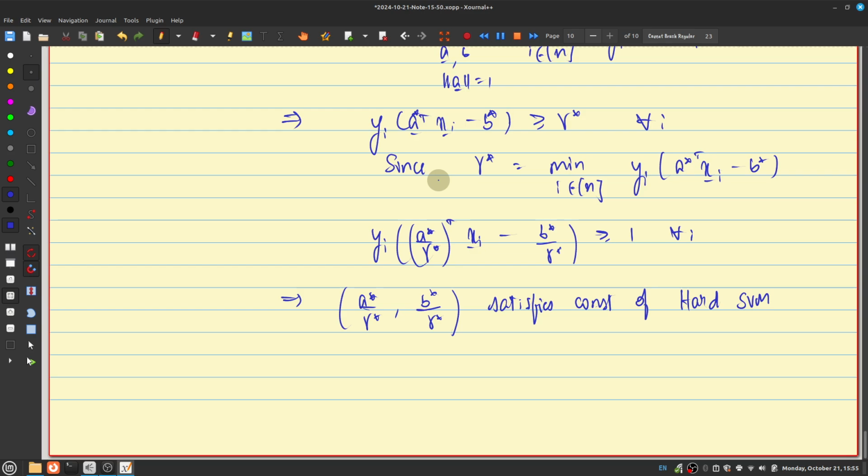Okay, we're almost done. So this satisfies the constraints of the hard SVM problem, right? So what can I say about the norm of A star divided by gamma star?